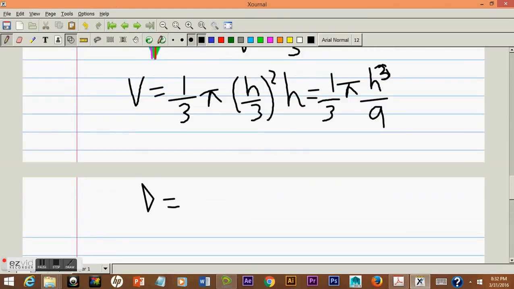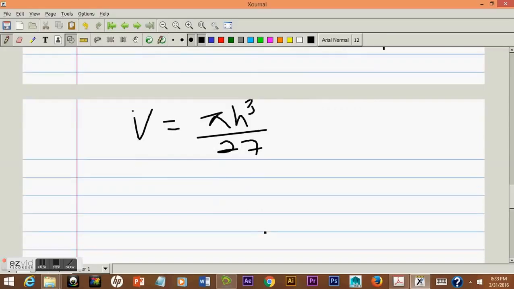V is equal to, my writing is not exactly correct, it's very difficult to write with the mouse. Okay, V is equal to pi h cube over 27. This is my final expression for the volume after substituting the radius. So we are going to differentiate this function with respect to time. So let's write it.